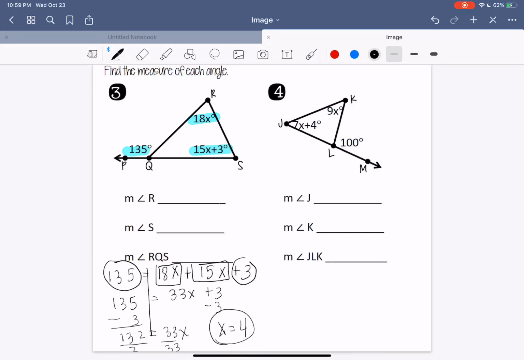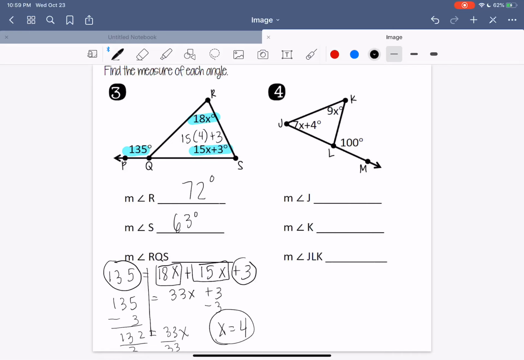We can substitute our 4 into our problem. So take 18 times 4, which will give us 72 degrees. And then we have 15 times 4 plus 3, which will give us the measure of angle S, which is 63 degrees.